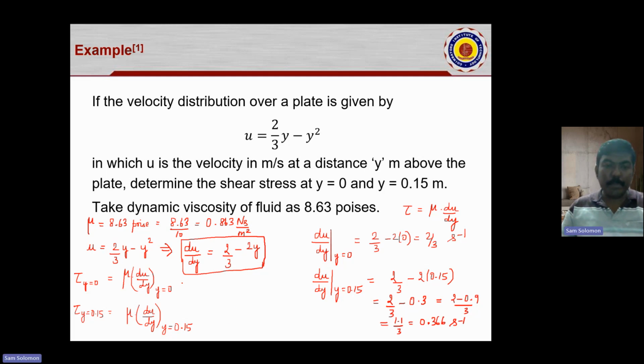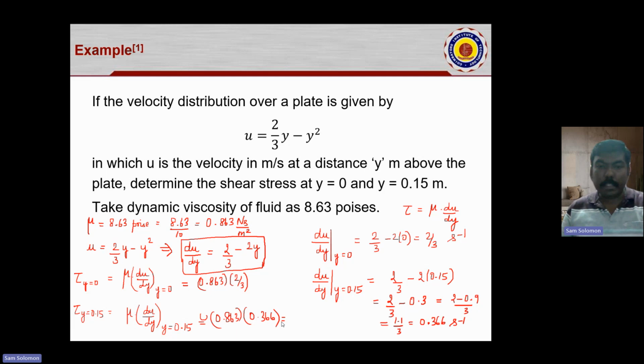Okay, so if we substitute it over here, the value of mu is 0.863 multiplied by 2 by 3, and this is 0.863 multiplied by 0.366.